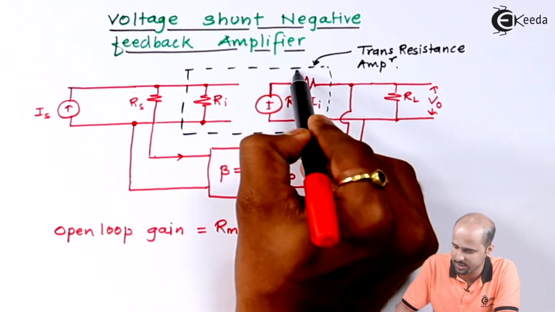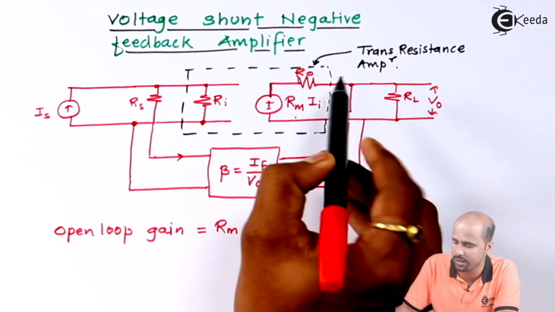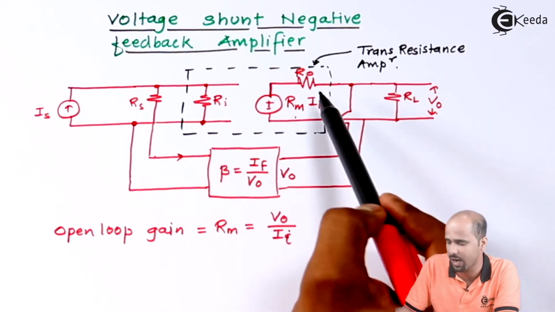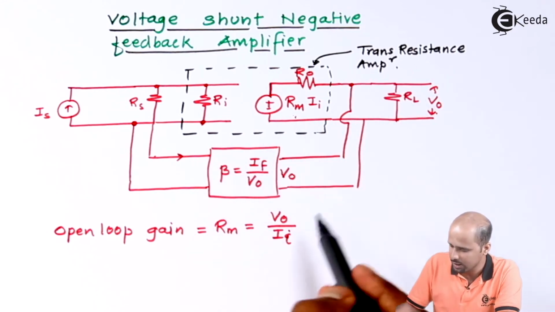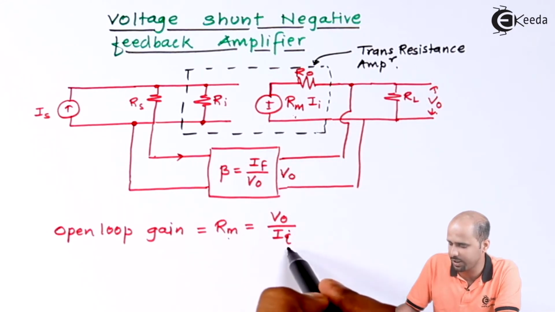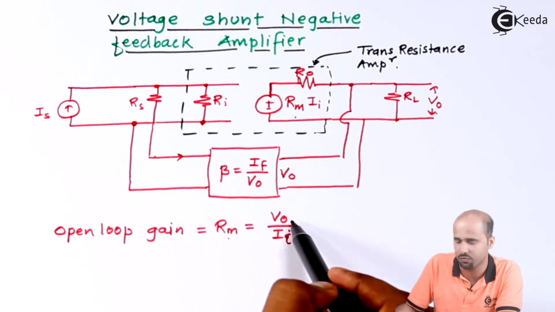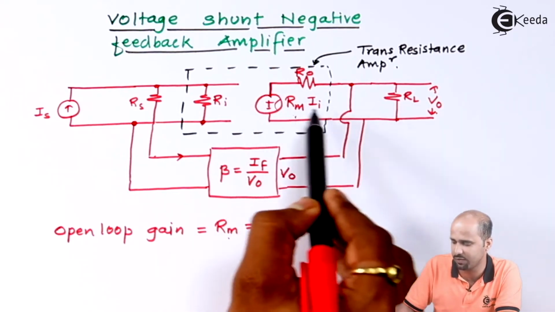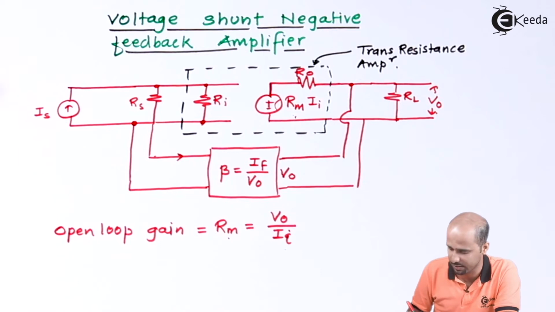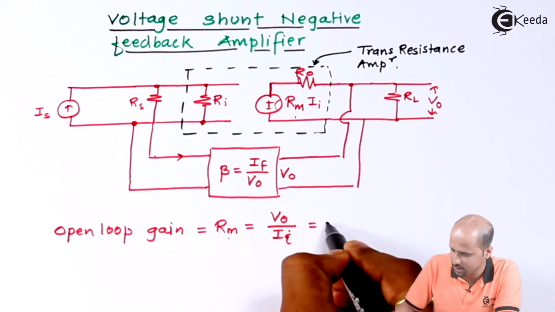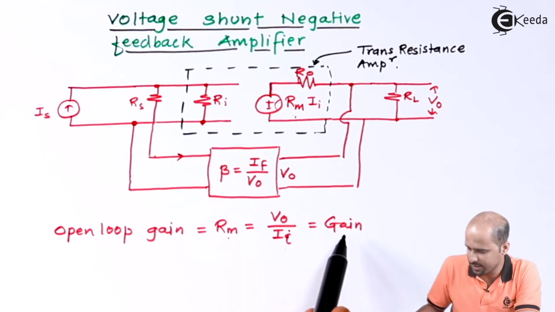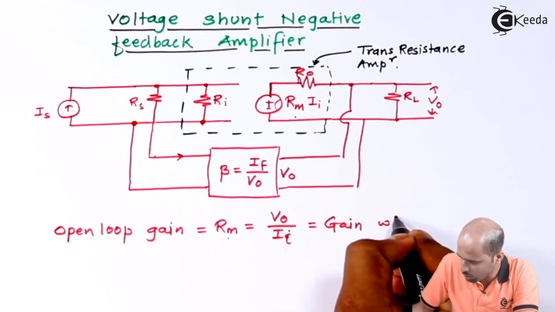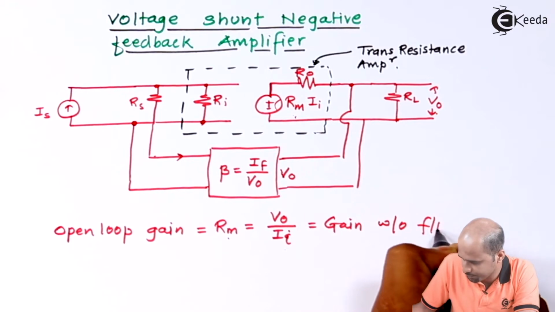I have not considered this RO, because we all know that in a transresistance amplifier RO is very small as compared to RL. Simply, Rm multiplied by II is nothing but VO, and that is what we have drawn in this circuit itself. This is also called the gain, so this Rm is also called the gain without feedback.